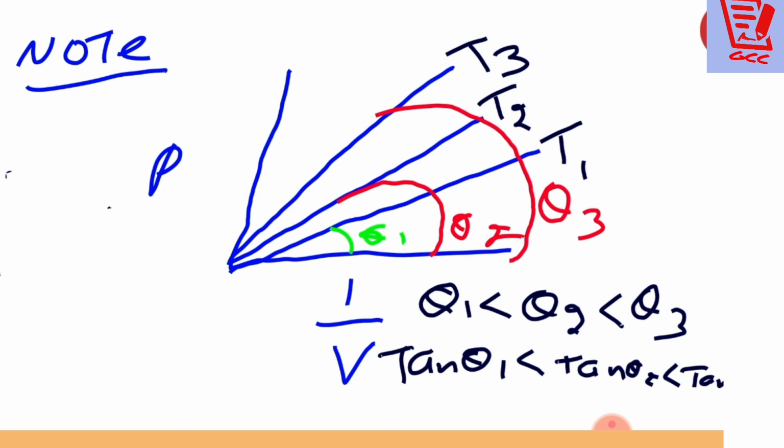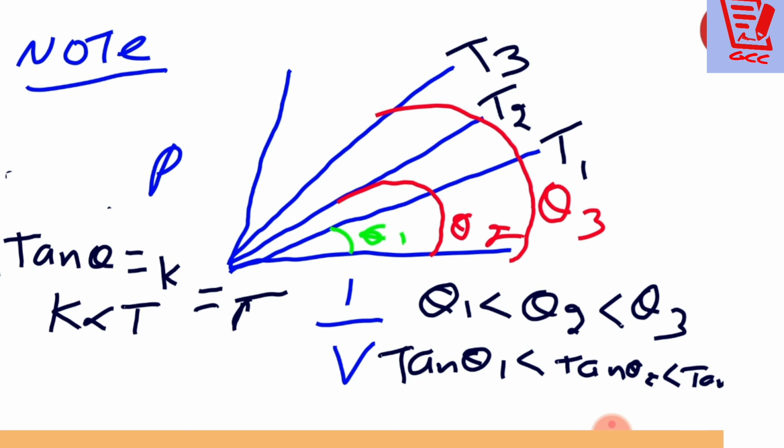Now one thing we know very well, that tan theta, which we have studied previously, is equal to k, and k is equal to T. We have done or not? It means k is directly proportional to T. Means if T will increase, then only tan theta will increase.